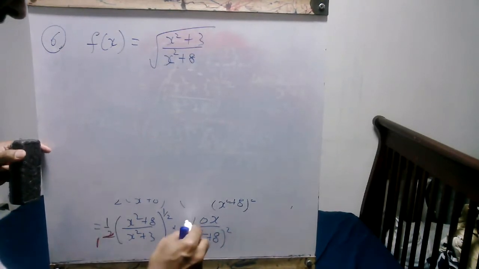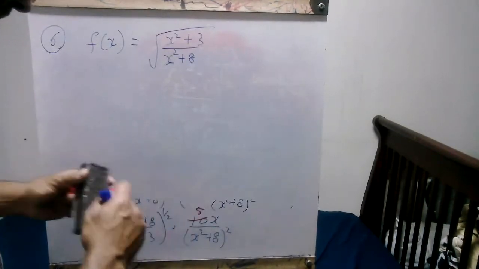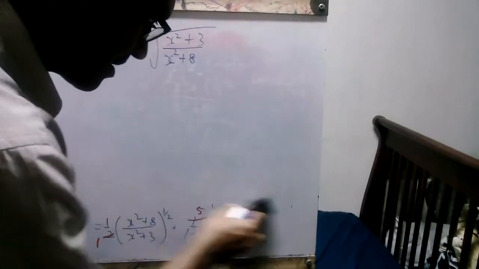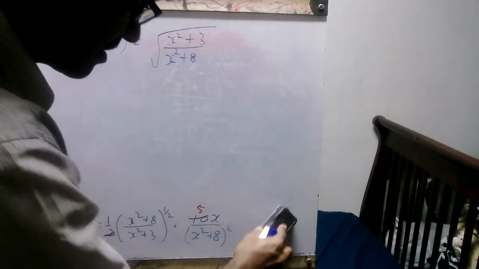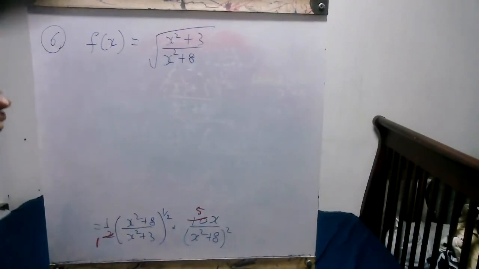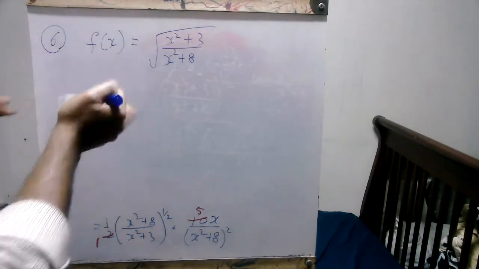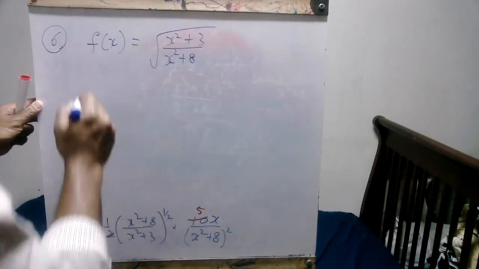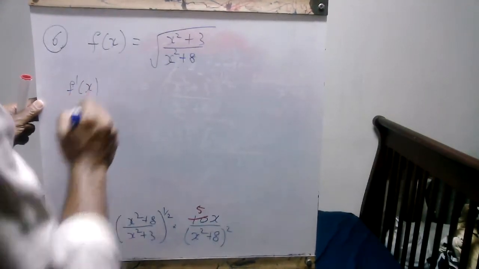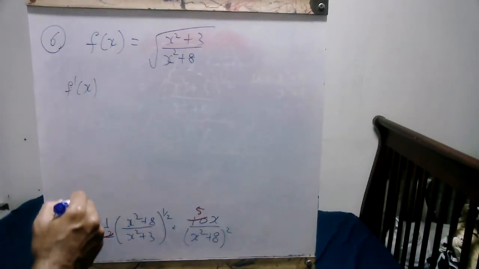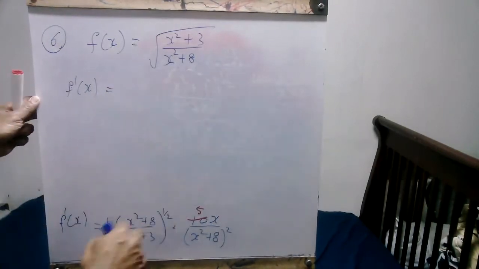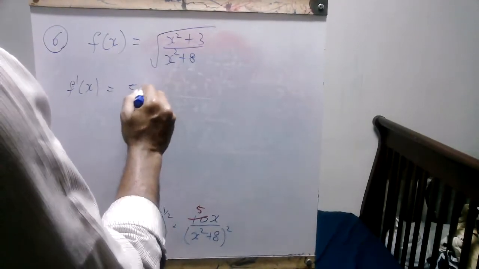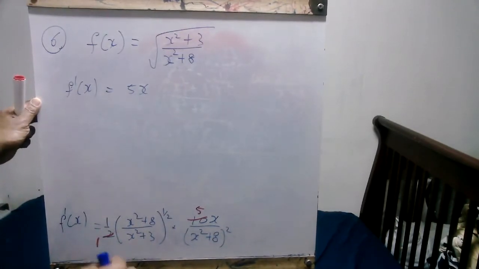Two times 1, 2 times 5. We get 5x first of all. 5x. After that, what else do we get?